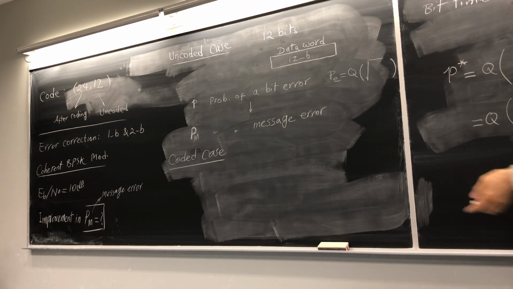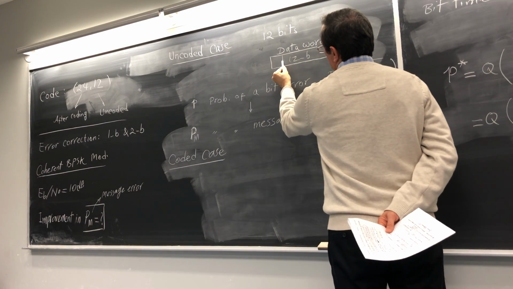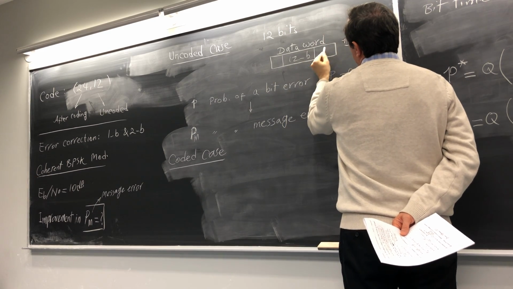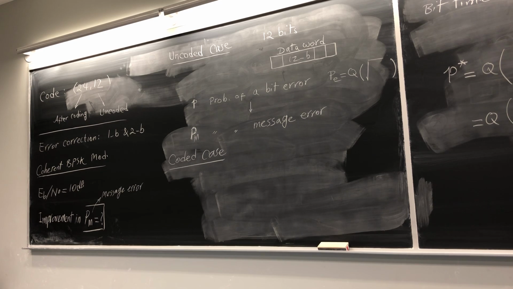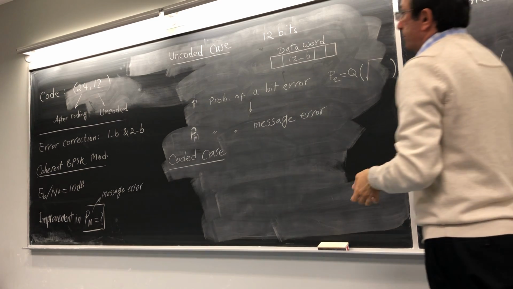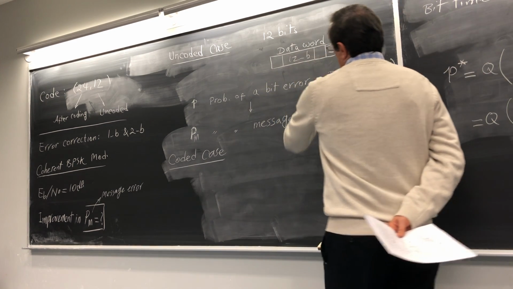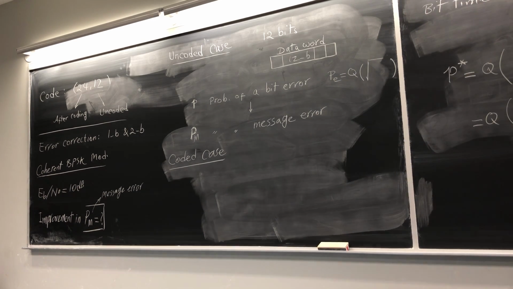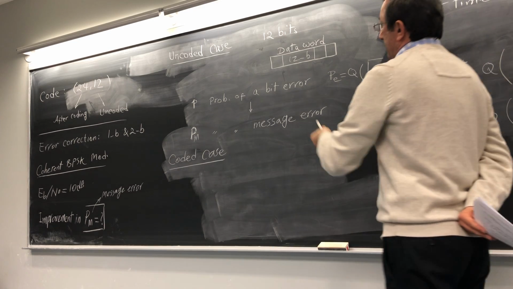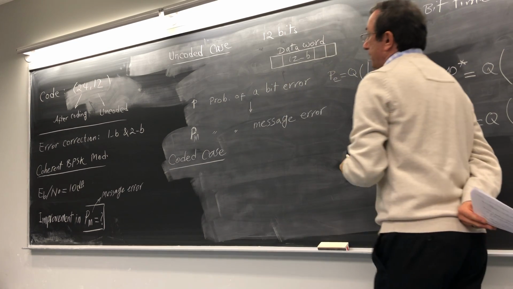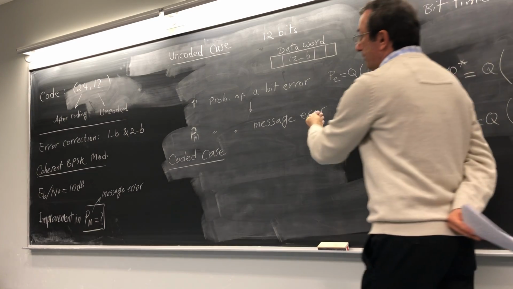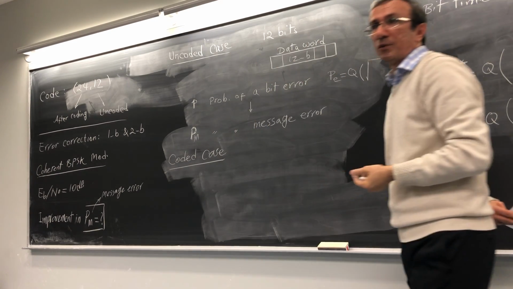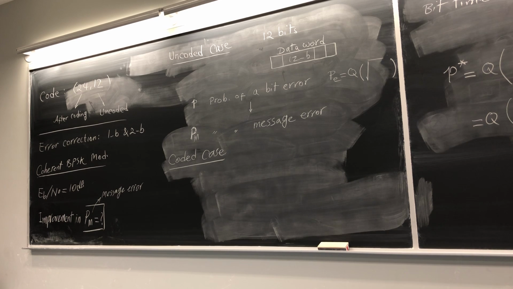Then we have 12 independent bits that are going through the same noisy channel. So the probability of, let's say, no error in this word is calculated first, and then based on that, we figure out what is the probability of any number of bit errors in our 12-bit data word, right?